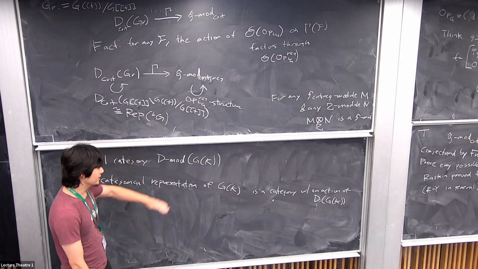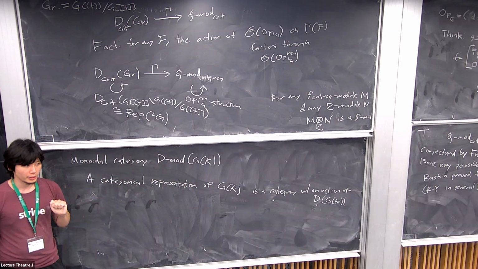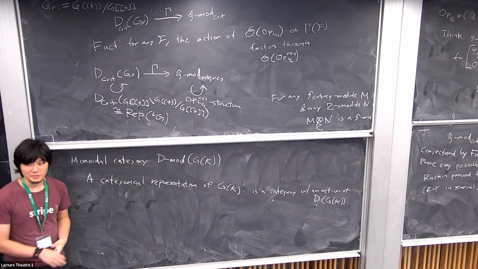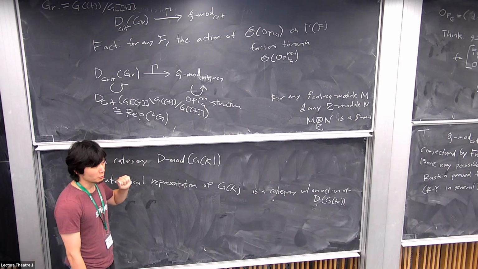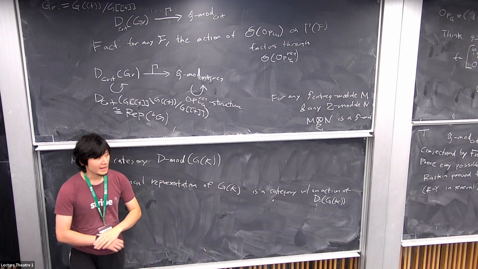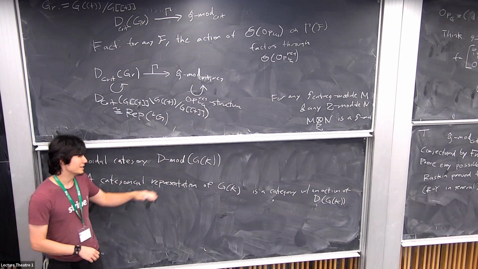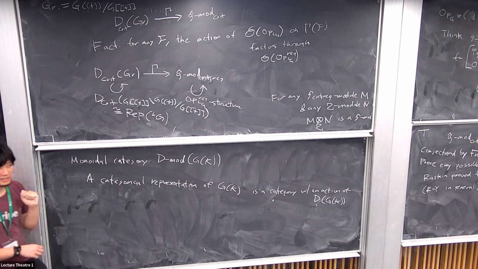Morally, one way of thinking about this is as a categorical version of the group algebra. If you're familiar with representations of p-adic groups, this is a more properly categorical version of the big Hecke algebra, and the definition is rigged to basically mirror that.